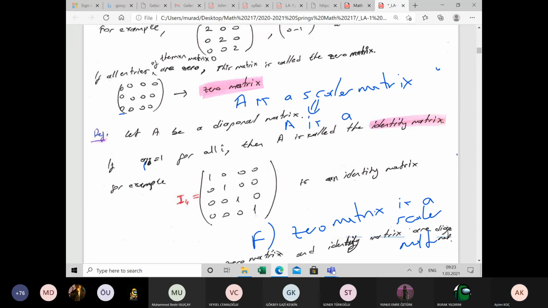Is A a diagonal matrix or not? Yes, diagonal. So we can say that every scalar matrix is a diagonal matrix. Is it true? True. Yes.